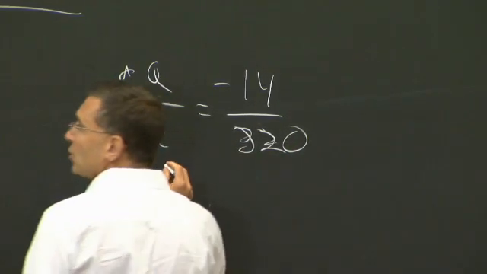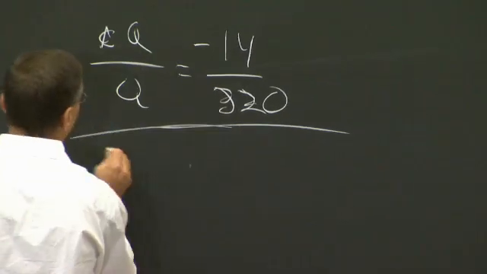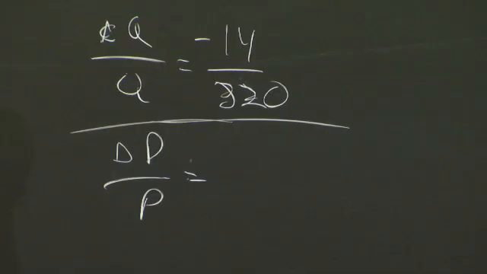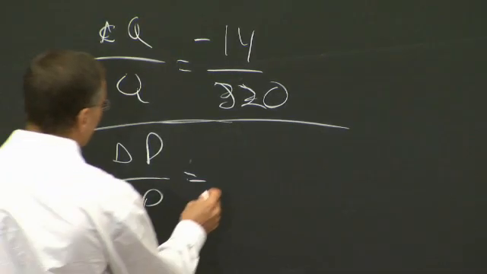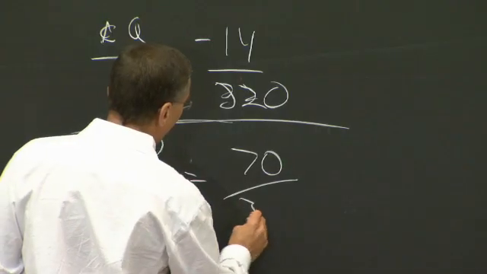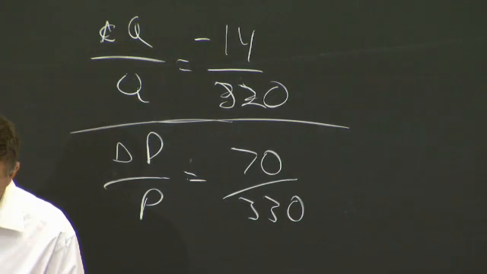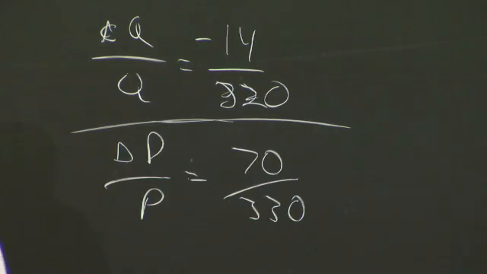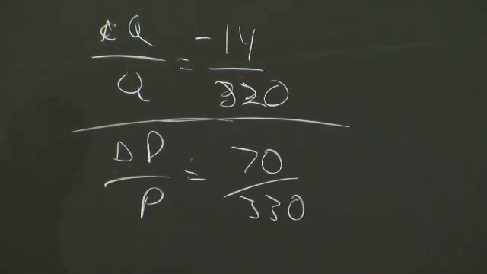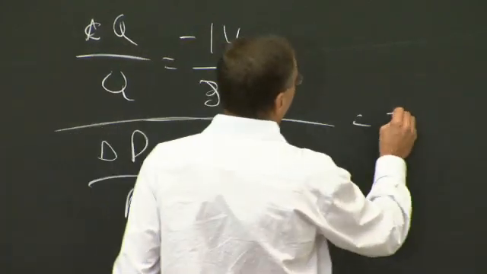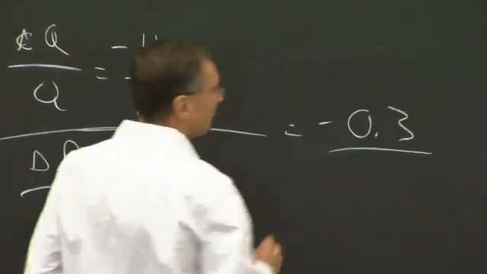The price change, delta P over P, is the price rose from $3.30 to $4. The price change is 70 cents over 330 cents. Okay? And using those, you end up with a price elasticity of minus 0.3.